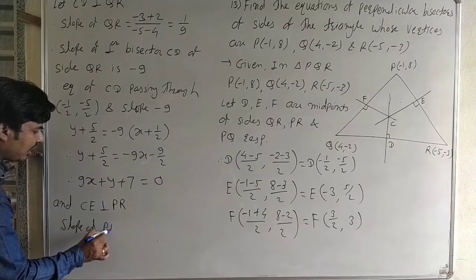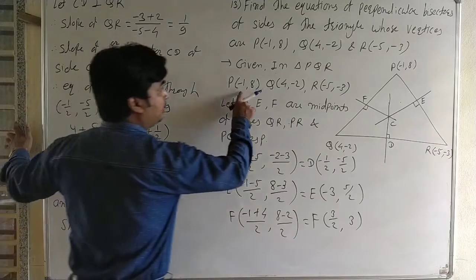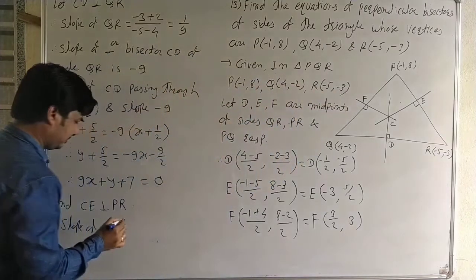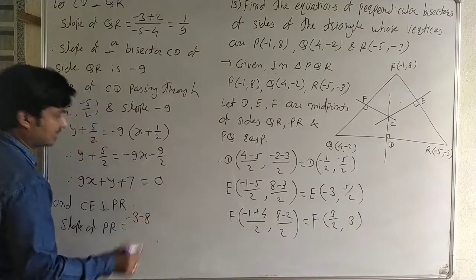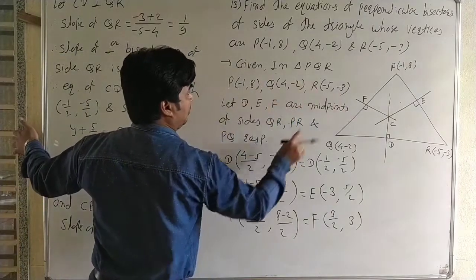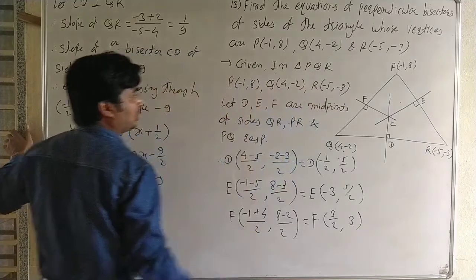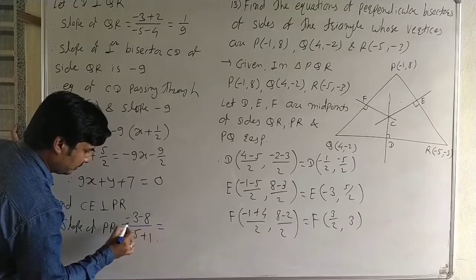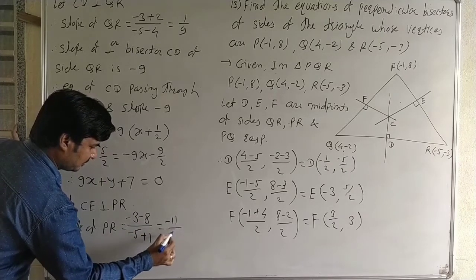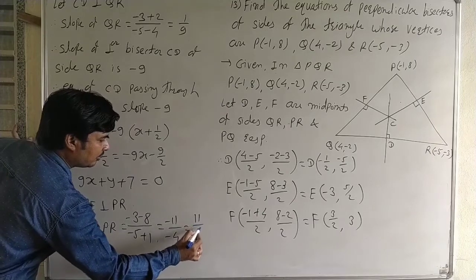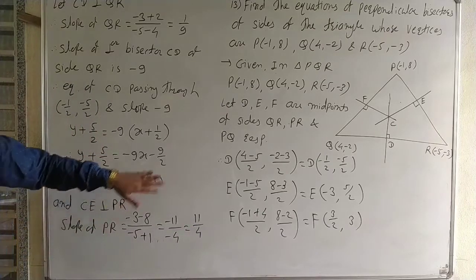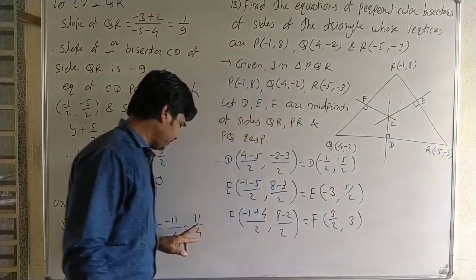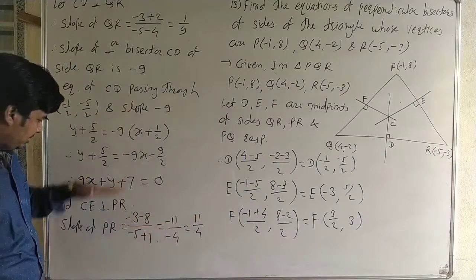Slope of PR, it is P (x1, y1) and it is R (x2, y2). y2 minus y1 is minus 3 minus 8, upon x2 minus x1, minus 5 plus 1. That is minus 11 upon minus 4, that is 11 by 4. It is the slope of line PR. Therefore, the slope of line CE is minus 4 by 11. Okay, see carefully.